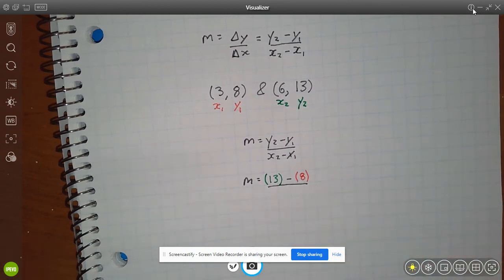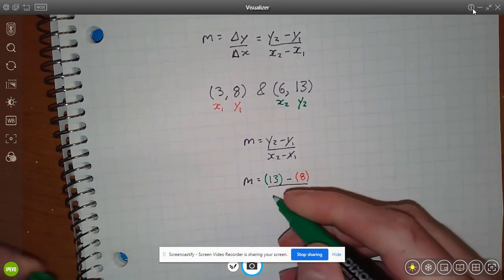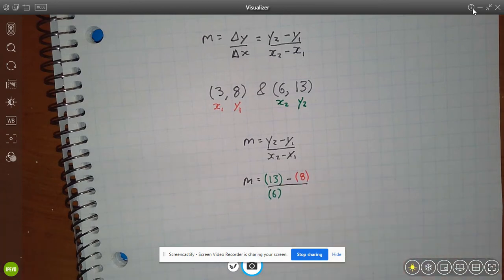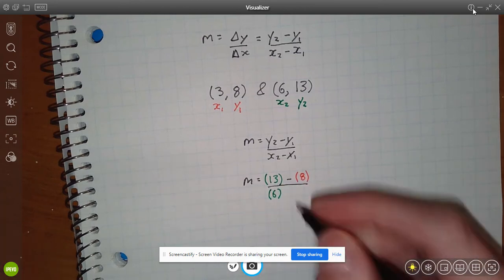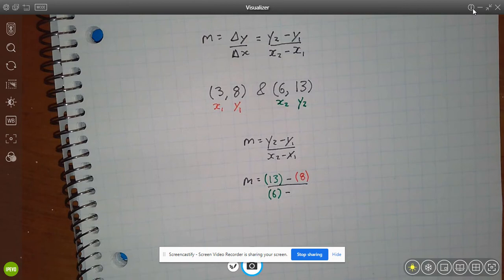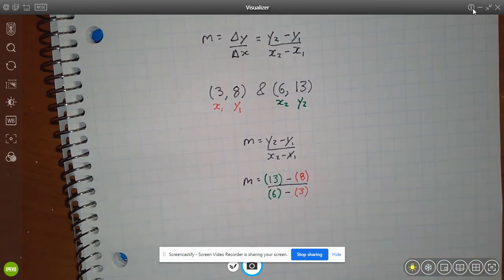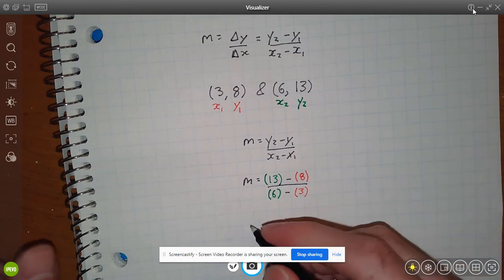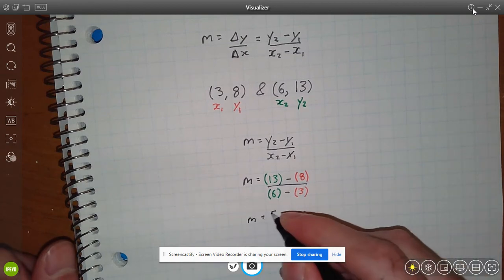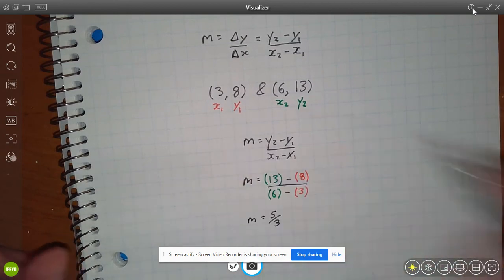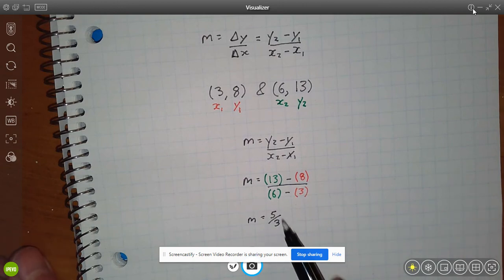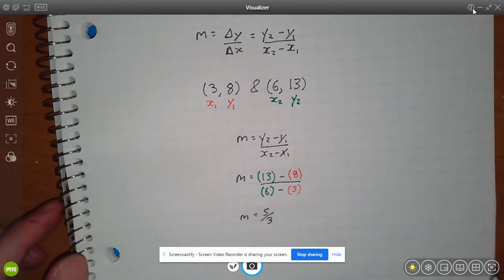And then similarly, x2 was 6, and x1 was 3. So I'm just plugging my data into my formula, and now I can evaluate and reduce. So my slope in this case would be 5 over 3. So if I plotted these 2 points on Desmos or on a Cartesian plane, I would have a rise of 5 and a run of 3, and because it's positive, the line is going up.